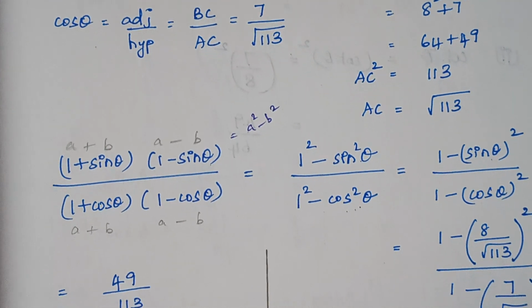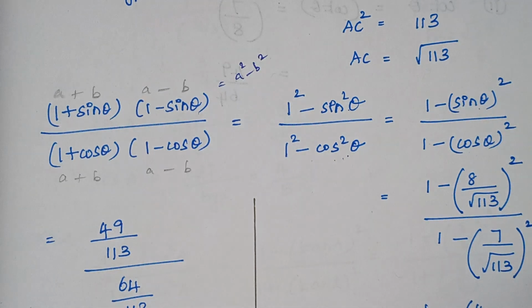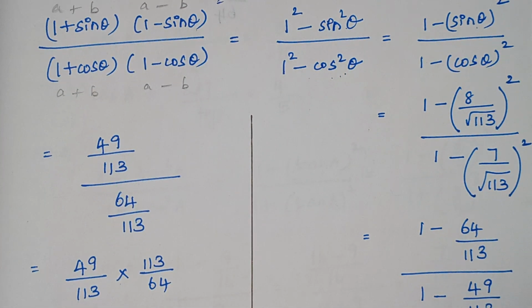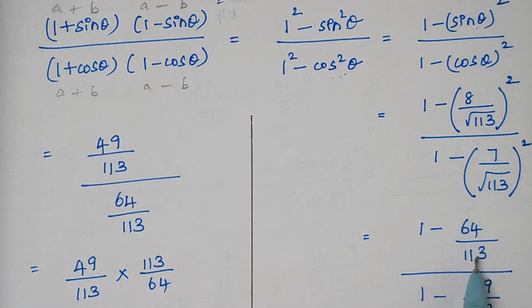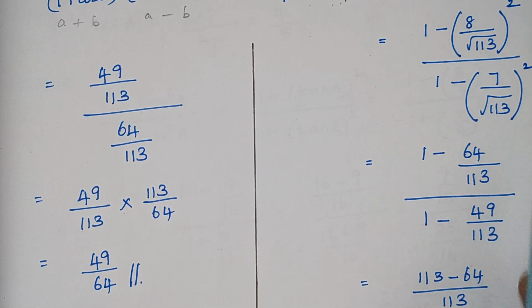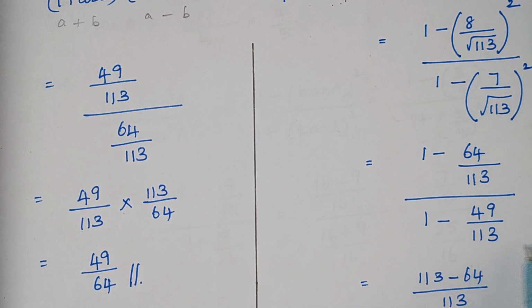Now just substitute the values here, right? After substituting the values, we have to square them. So 8 square becomes 64 and the square root of 113 when squared becomes simply 113. Divided by 1 minus 7 square, which is 49, and the square root of 113 when squared becomes 113, right?